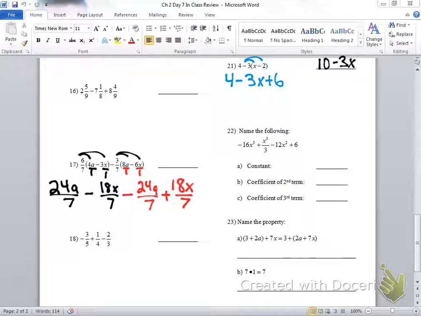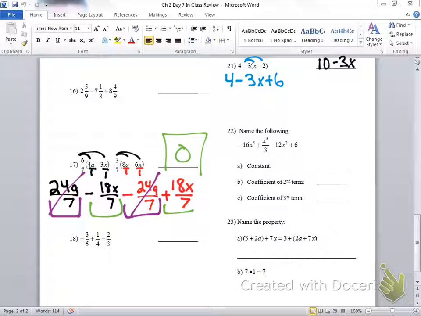Now what? Combine like terms. What happens to my a's? What happens to my x's? Zero. Okay, so what's my answer? You need an answer. Just 0. Don't do this.